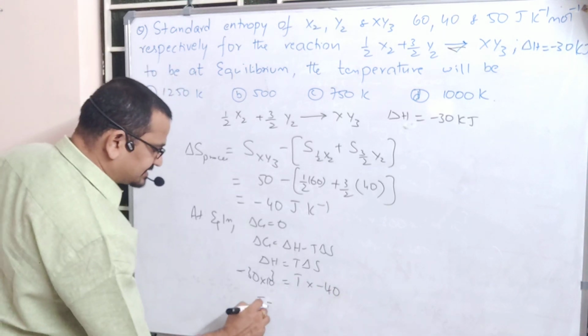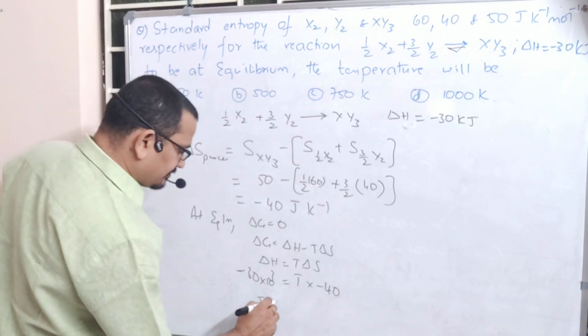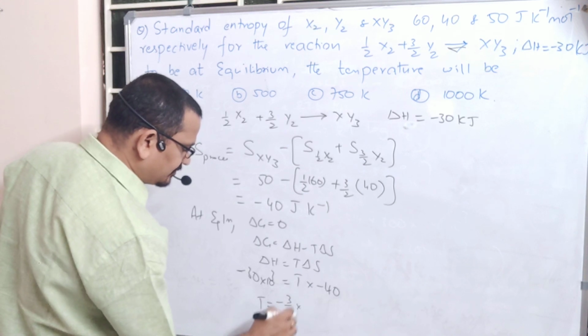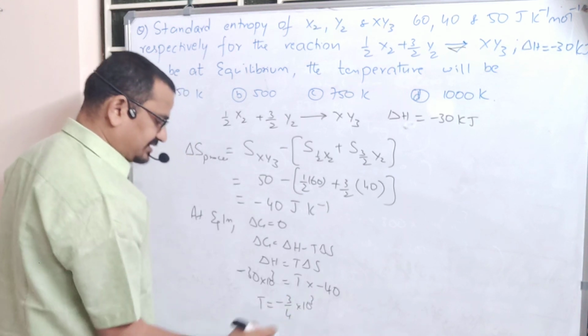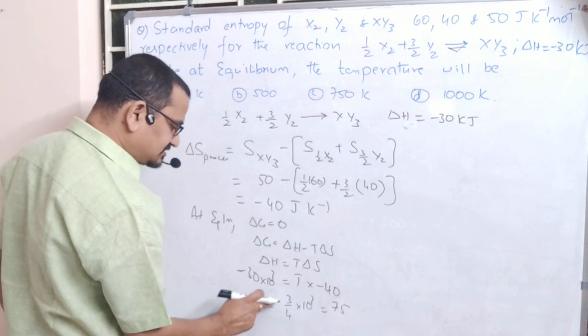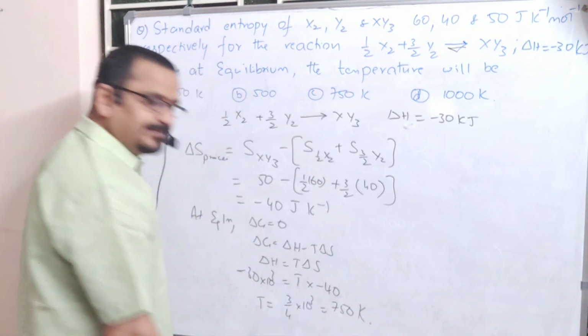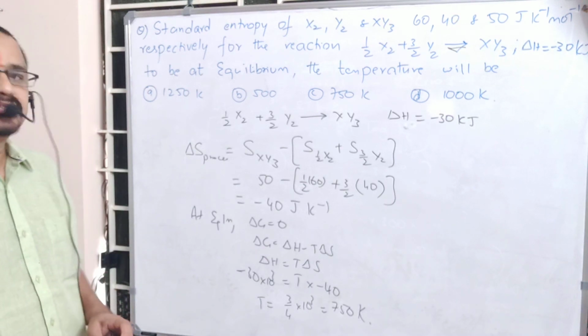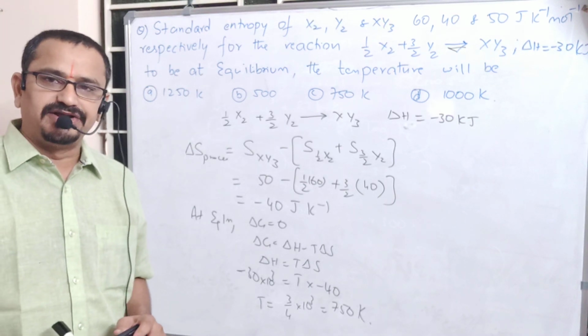So what is the temperature? Minus 3 by 4 into 10 power 3, 0.75 into 1000. Minus will be cancelled, as this is minus and this is minus. So 750 Kelvin. So these are some numericals from thermochemistry, right?